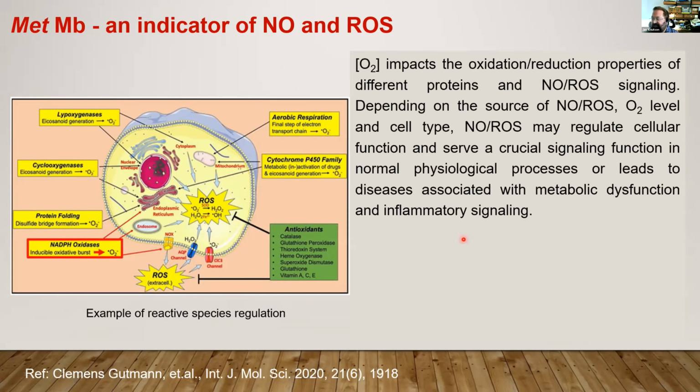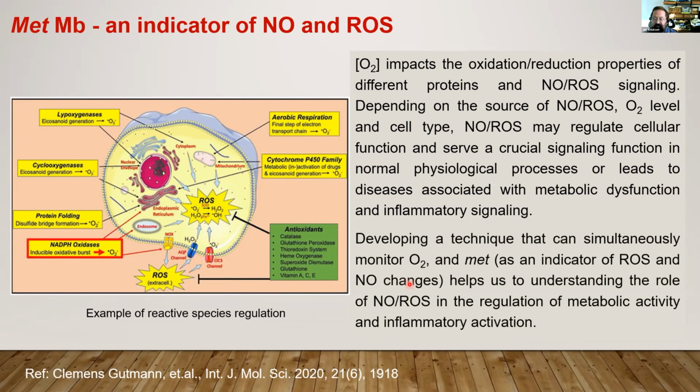I won't read to you the reasons for this, but I should also mention that NO, which can be a side effect of reactive oxygen species, is also a signaling molecule that's important for maintaining things like our blood pressure. So we'd like to be able to measure this as well as see it as an artifact for our probe.